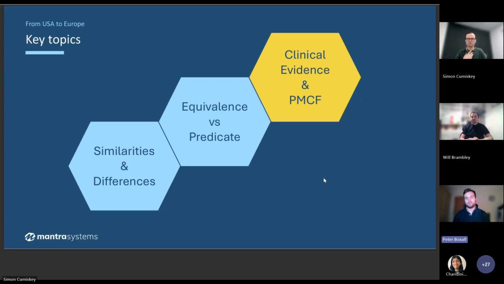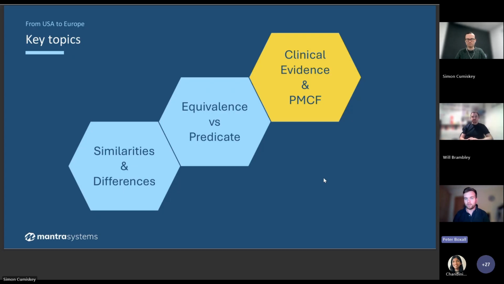So if you have a hip implant, you might pull out from your state-of-the-art review that on average other hip implants improve pain post-operatively on a visual analog scale by X, and they improve range of motion by Y. The post-operative dislocation rate is Z. Those are your safety and performance objectives, quantitative objectives, that will be the objectives which your own device will need to meet when you come to the clinical evaluation report through its own clinical evidence, or in the equivalence claim through the evidence relating to the equivalent device.